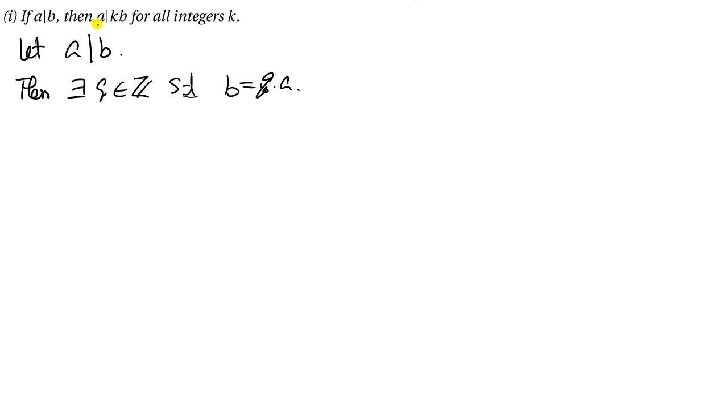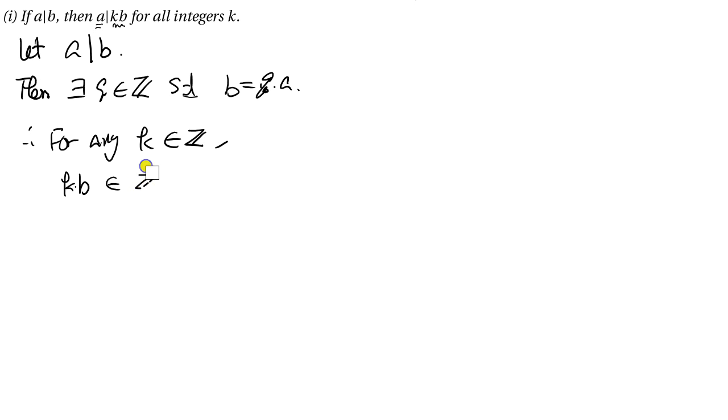Now we want to compare the relation between K times B and A, right? So let's start with K times B. For any integer K, K times B is also an integer, right?